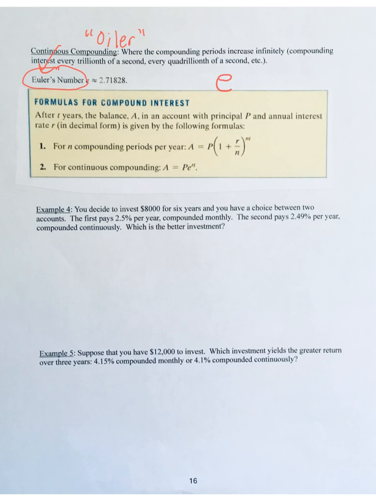But this e is an irrational number. So it's a decimal that does not repeat the same pattern and that goes on forever. It kind of reminds you a little bit of the number pi, which is also an irrational number. If you were to round e, it's approximately 2.71828.